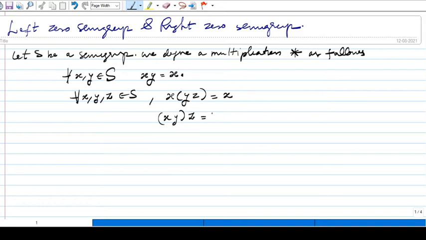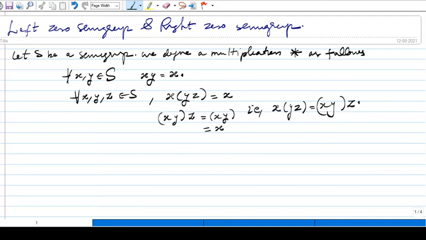You get the number on the left in the bracket, that is x star y, which is again x. So x star (y star z) equals (x star y) star z.